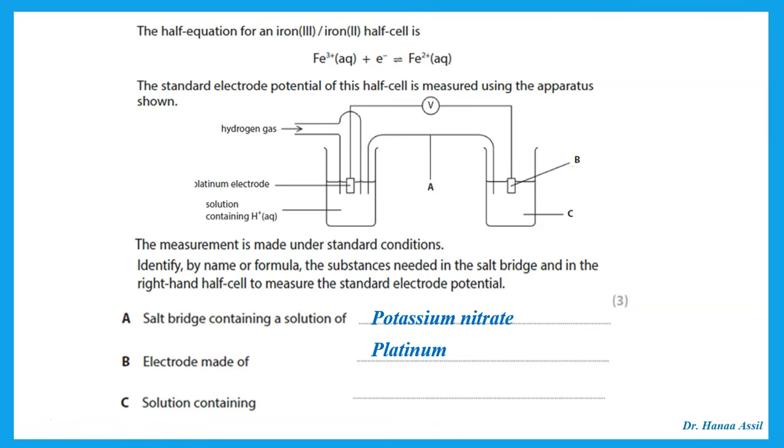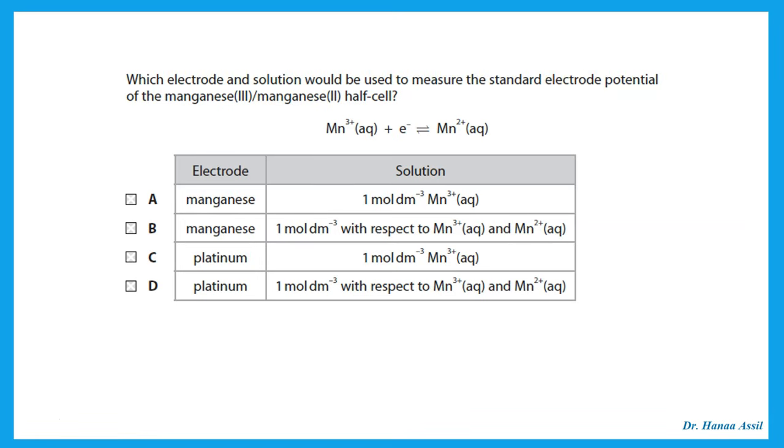So I need an electrode made of platinum. The solution should contain both iron 2 and iron 3, each with a concentration of 1 mole per decimeter cubed. We said the solutions have to be in concentration of 1 mole per decimeter cubed.